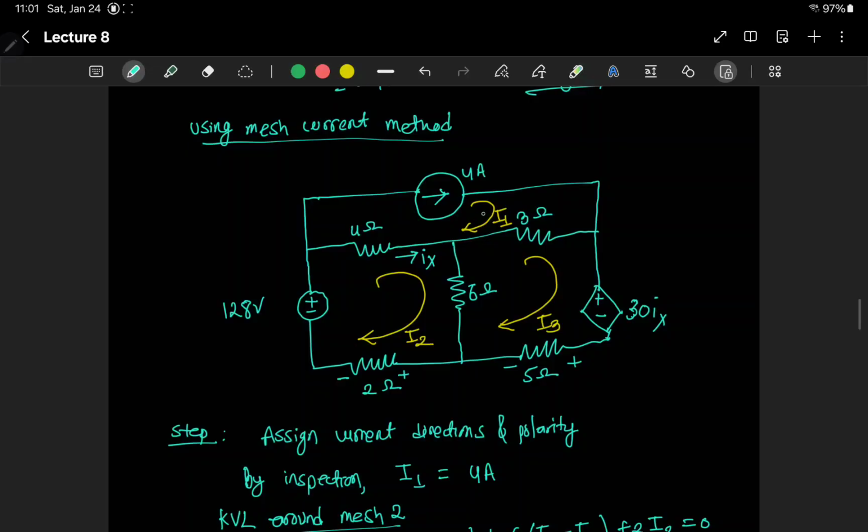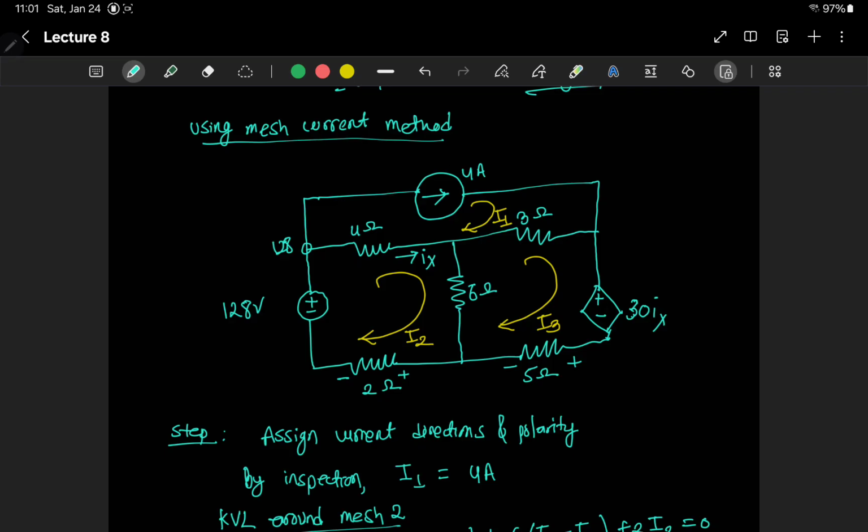So the 4 ampere loop is this I1 loop. If we apply KVL around I1, the voltage here was 128 volt, and 128 minus 4 times, this is the Vx here.